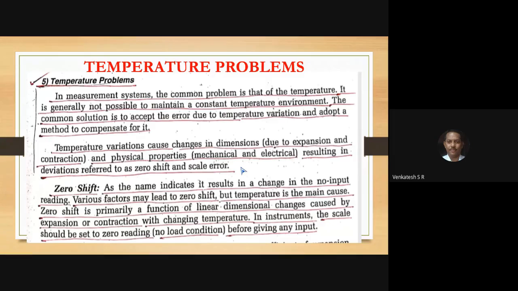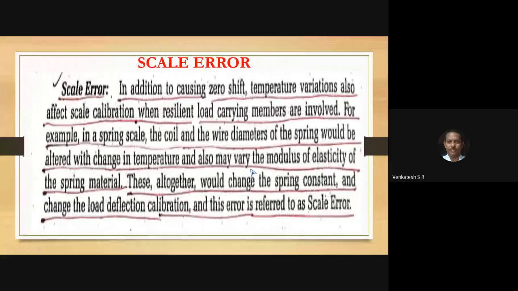If you conduct a measurement in extreme low or extreme high temperature, there should not be any thermal expansion or thermal contraction in the metal. That type of temperature problem can affect the measurement.